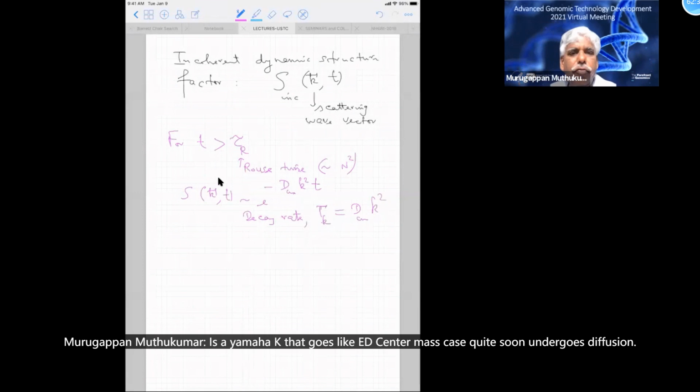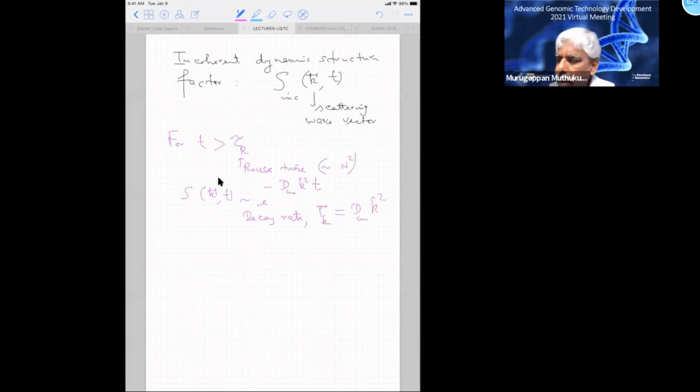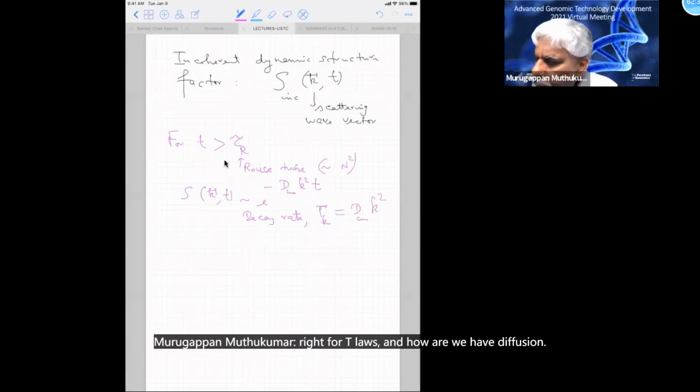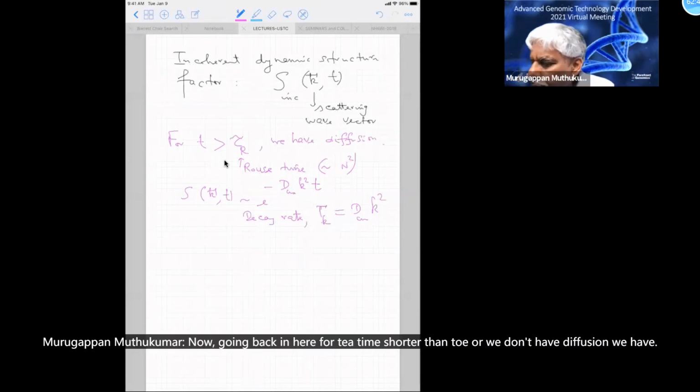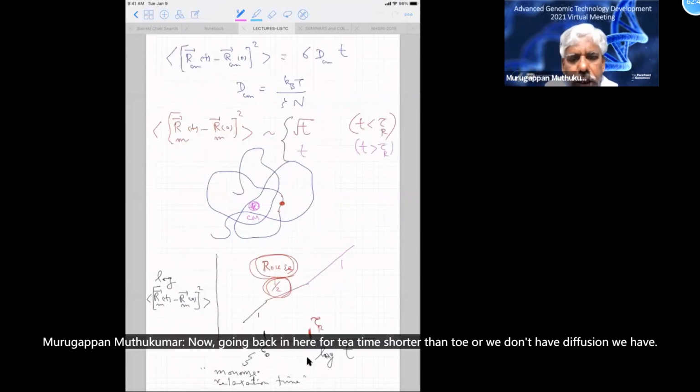So it undergoes diffusion, right? For t larger than tau R, we have diffusion. Now, going back, for times shorter than tau R, we don't have diffusion.